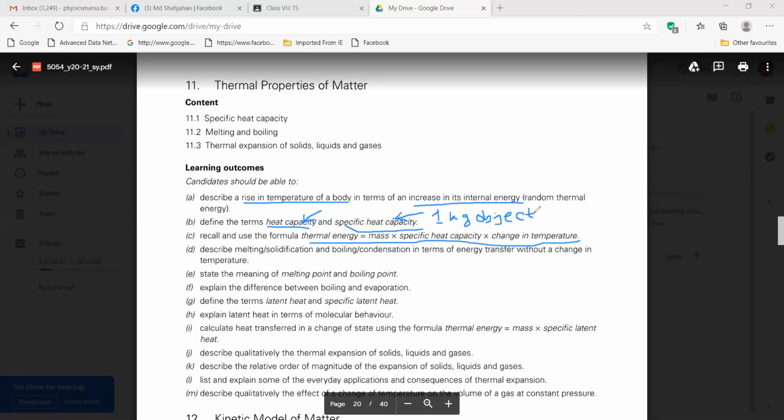There is one numerical question we did there from your textbook.